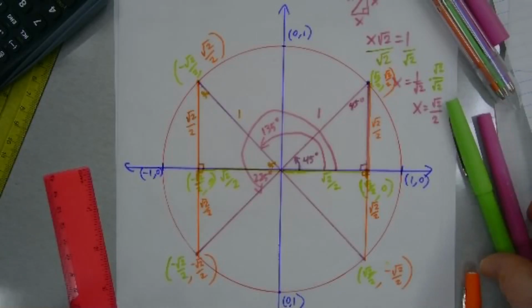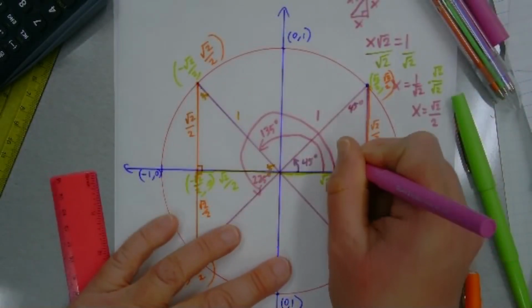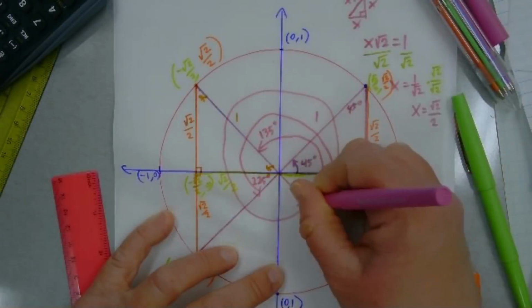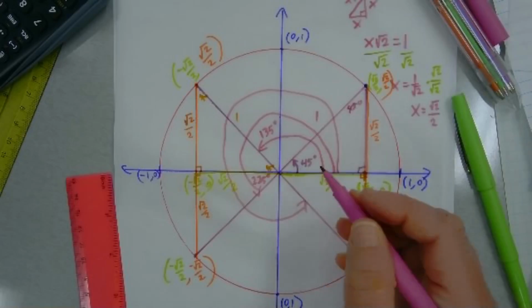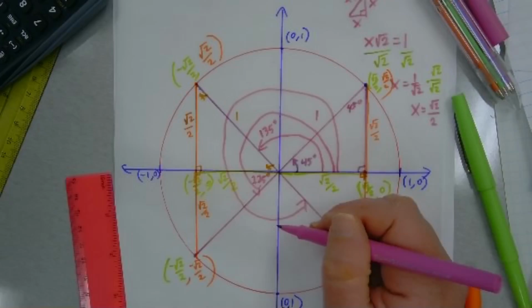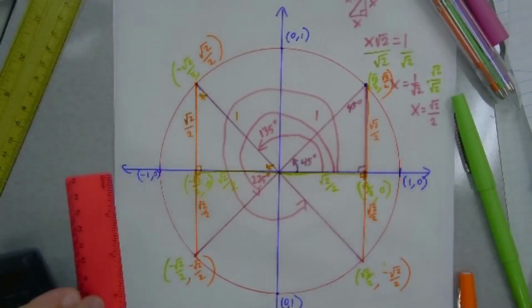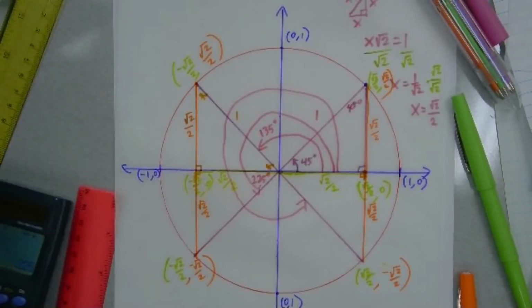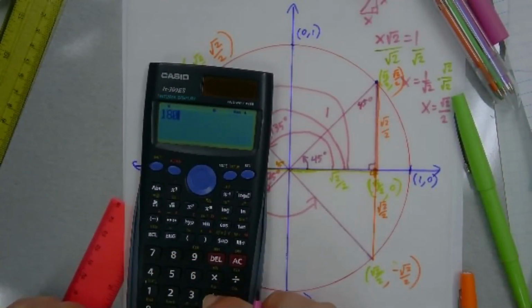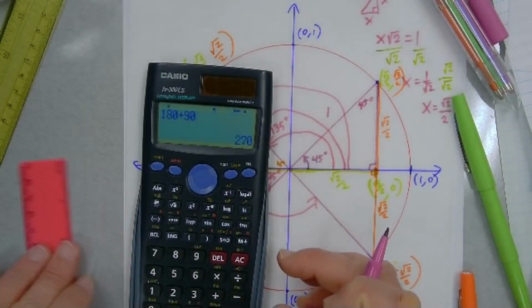Oh, I forgot to do what the angle measure would be for this one. Hang on one second. Should do that as well. So that would be 90, 180, 180 plus 90 is one that I probably should have done a video with those, but I didn't. So if you didn't already know that, 180 plus 90 is 270.